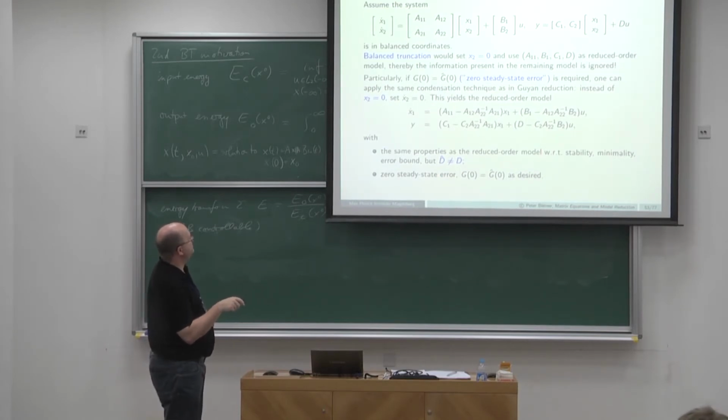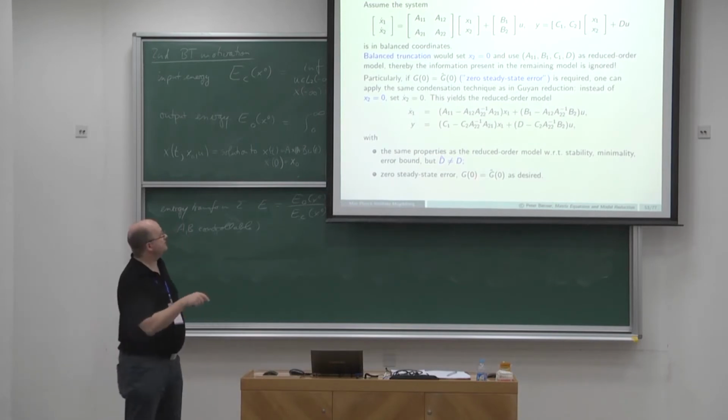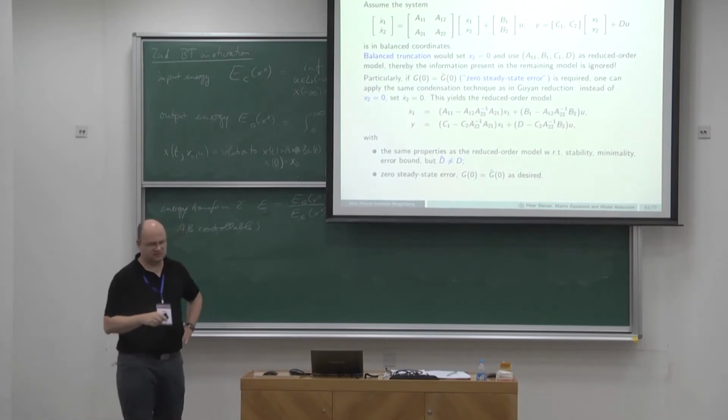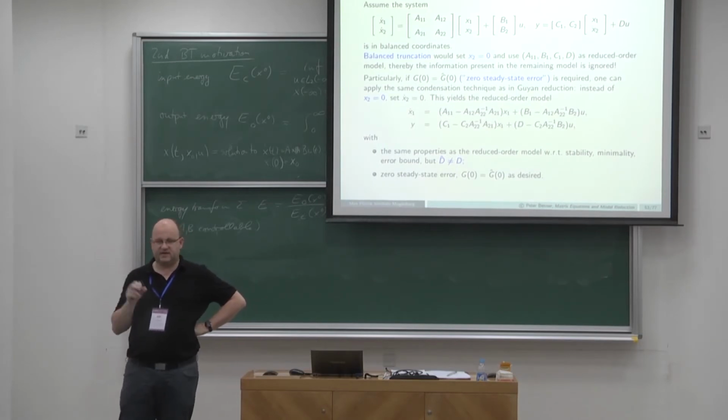And this has the same properties as the balanced truncation model. It's still stable. It's minimal. The same error bound applies. And now it has zero steady state error, meaning G(0) is equal to G hat of 0. So you probably have a good approximation also in the low frequency range.